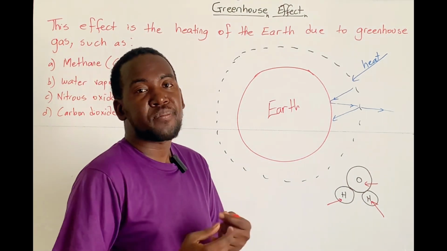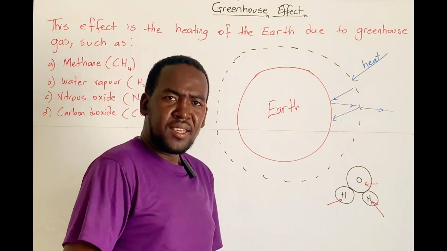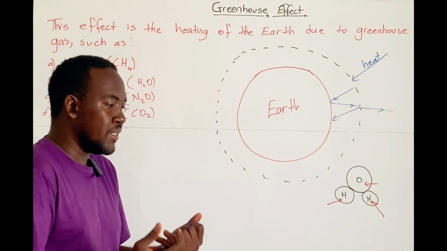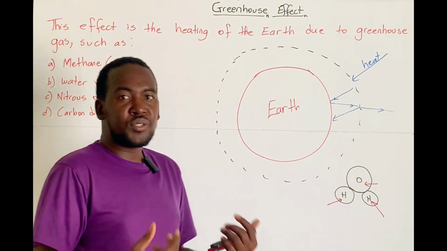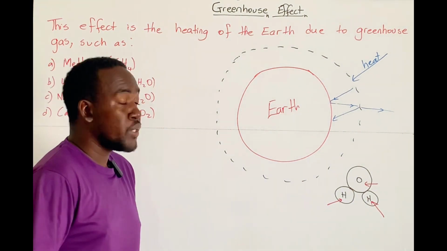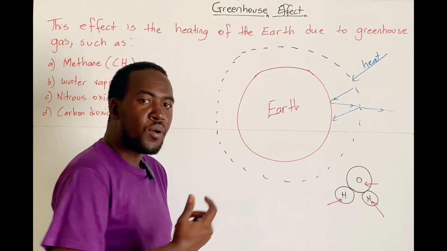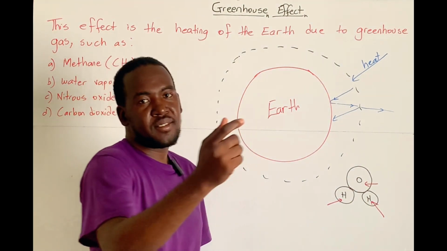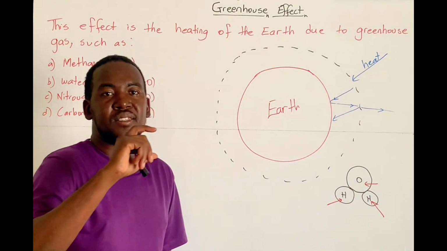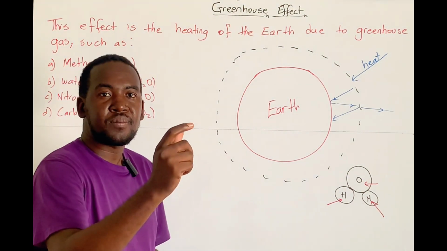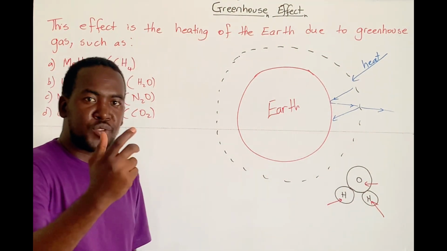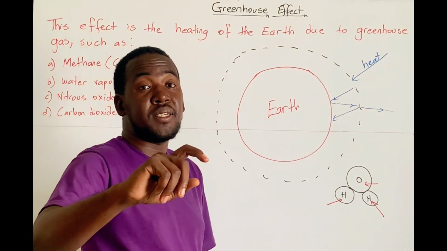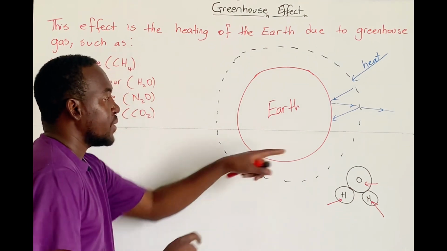Now, in due time, these electrons must come back down to lower energy levels. When they fall back, they will release heat, and that heat would be infrared radiation. So they absorb heat, and then they release infrared heat back into the atmosphere.